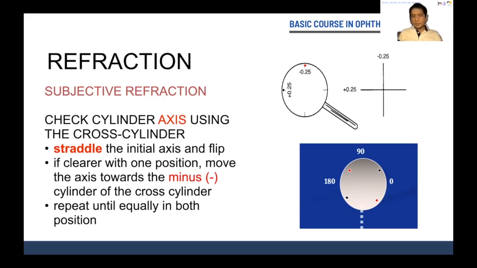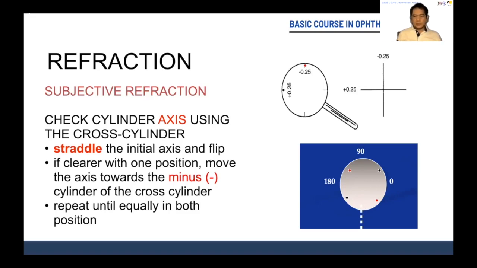In checking the axis, or refinement of the axis in JCC, we have the term straddling technique, or the straddle technique. Straddle means you place the initial axis that you have from your net retinoscopy between the minus and the plus side of your Jackson cross.